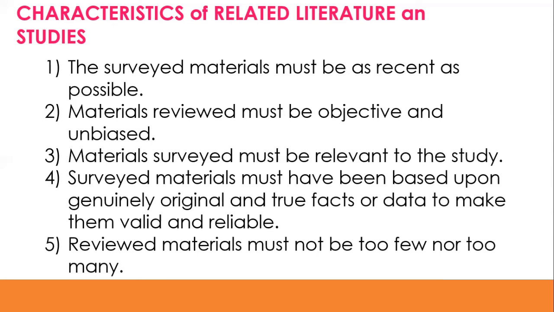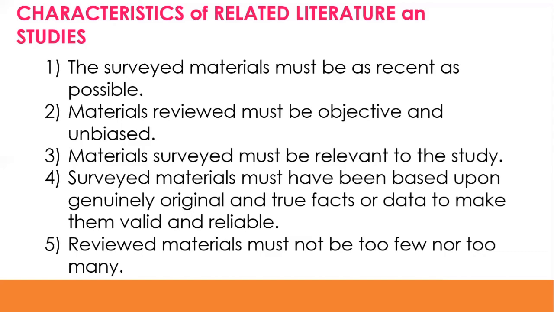But take note, the numbers, however, are only suggestive and not imperative nor mandatory, meaning to say that it is still your professor's prerogative to increase the number of your citations for your related literature and studies, or your professor may stick to the average numbers. Okay, so these are only the average numbers observed from theses and dissertations surveyed by this author.